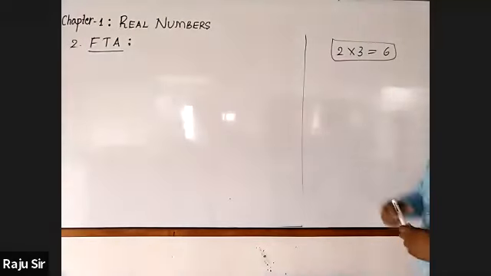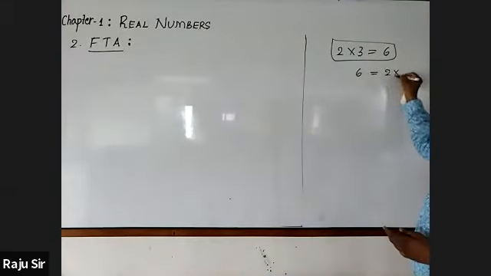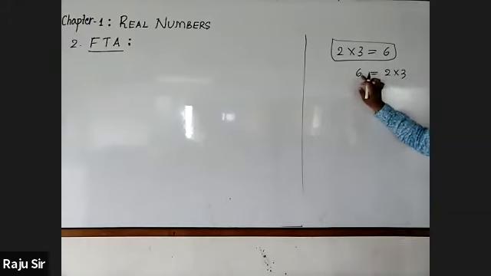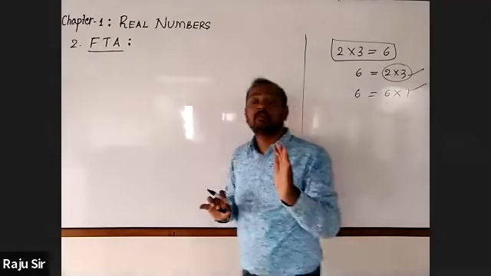Even this can be written in the reverse order, as 6 can be written as 2 into 3. This is a method of expressing the given number as the product of its factors. Not only that, even 6 can be written as 6 into 1 also. And these are called factorization.